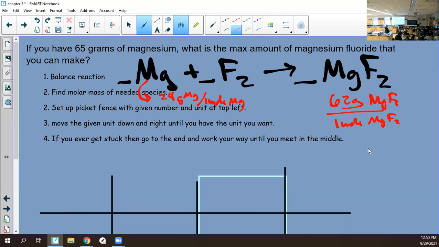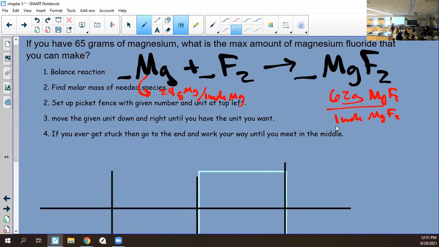Double check me that it's 62, but I'm pretty sure. Did anyone do it already? Okay, those are the things. That says 24 grams of Mg per 1 mole of Mg. Okay, give it your best shot, my awesome friends.